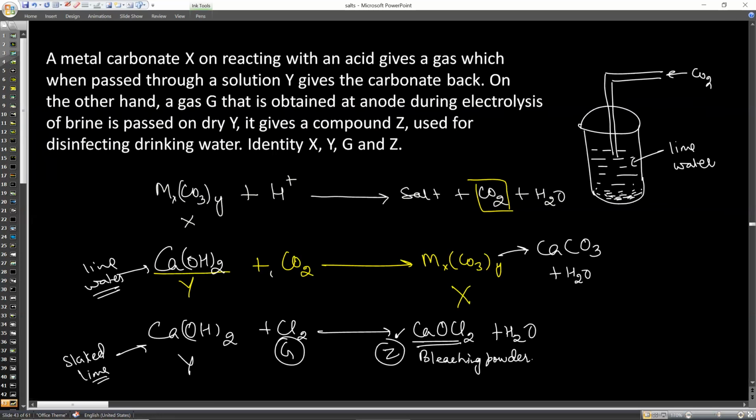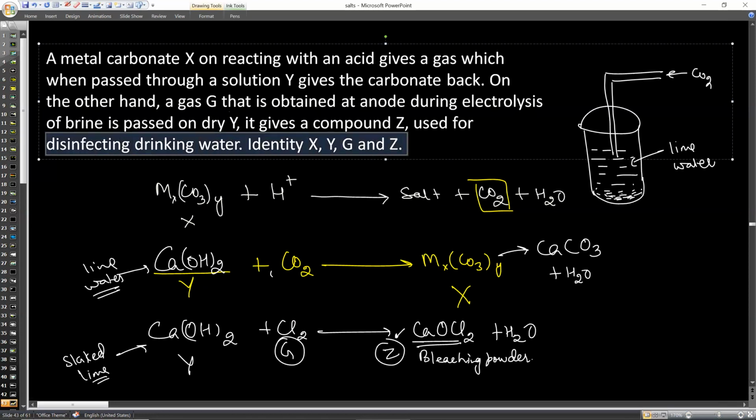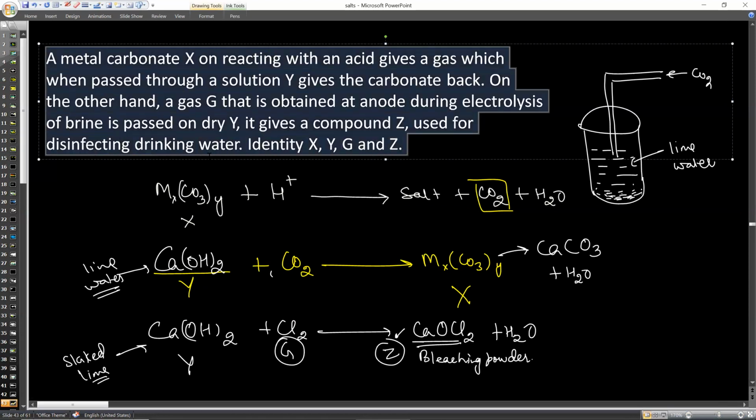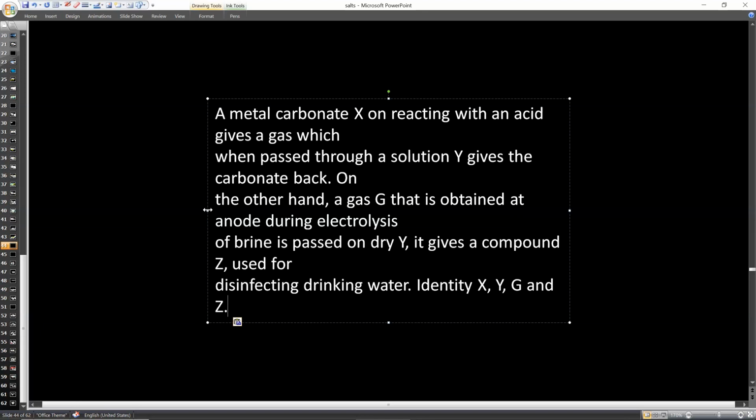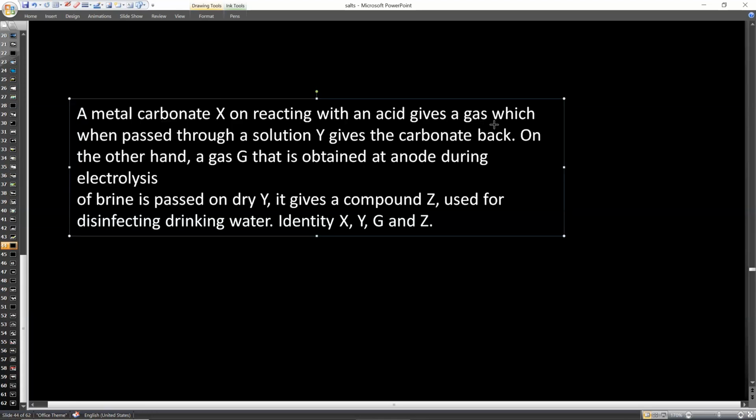Metal carbonate. Here is this question. I read it, you read it.